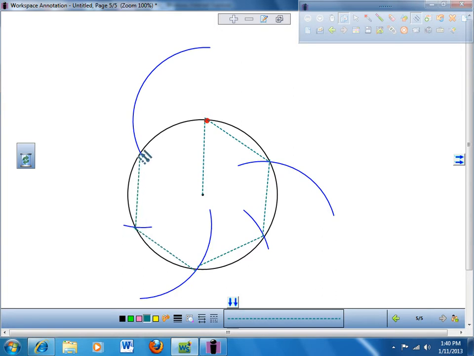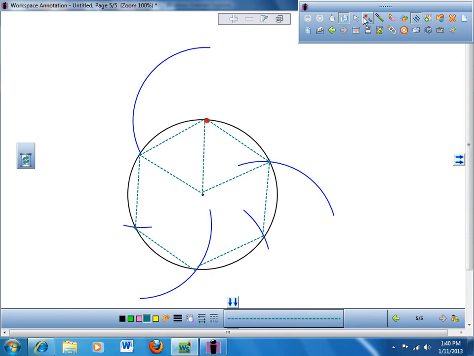Yes, it only works for hexagons, because in a hexagon, each of these central angles, if I go 6 times, has to be 60 degrees. And if these are isosceles, then these have to be 60 degrees as well. So those are all equilateral triangles. So it works. Isn't that cool? And now we're done.